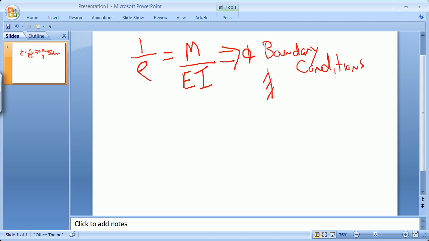A cantilever has a boundary condition that it's fixed and not able to rotate or translate, or, in effect, a simple support is bound by 1 degree of freedom here and 2 degrees of freedom here. So in a general sense, this equation and the boundary conditions are going to eventually get you the force inside the structure, the moment inside of it, and the shear force inside of it.